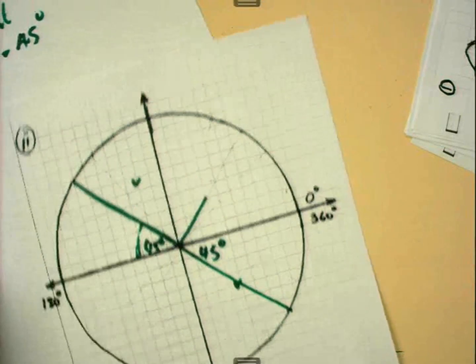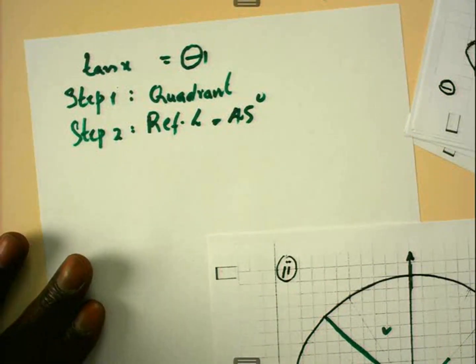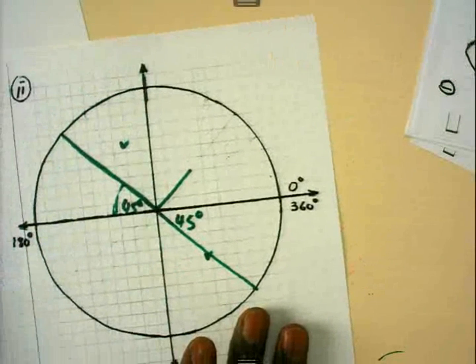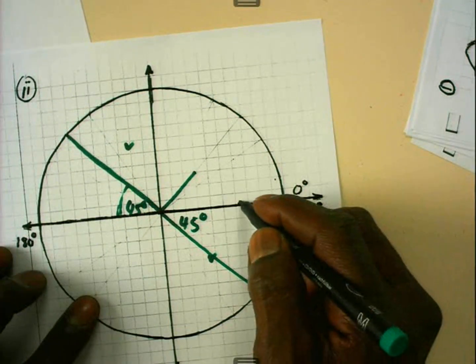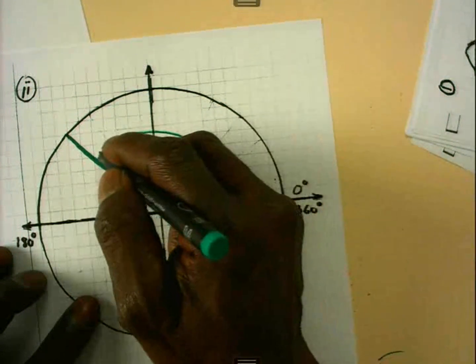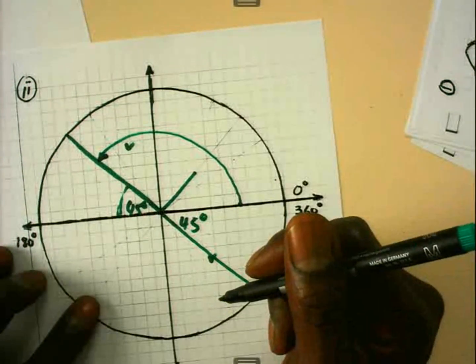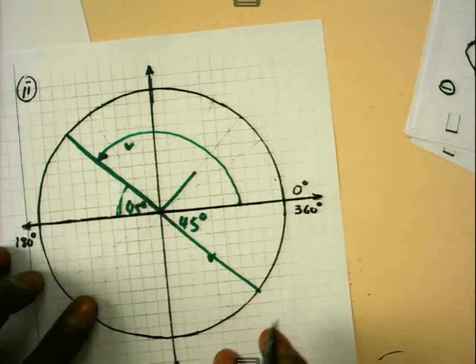Now, is that the solution for the problem? The answer is no. Why? When we want the solution, we start from the positive x-axis up until we touch this arm here. Then we have the solution. Definitely, this is not the same as the reference angle.